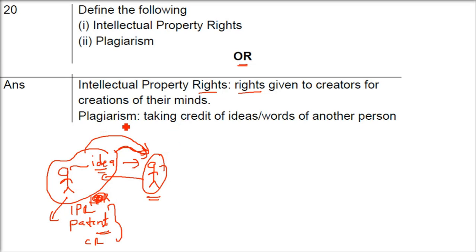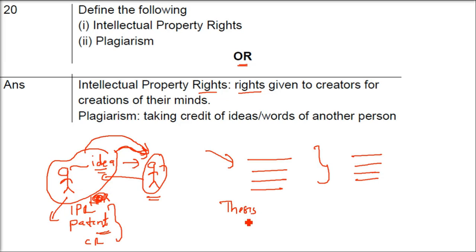Coming to plagiarism. What is plagiarism? Sometimes people call it plagiarism also. So now you wrote something. You put a lot of effort and you made content, writing and putting in all your hard time. Now someone actually copied the content.